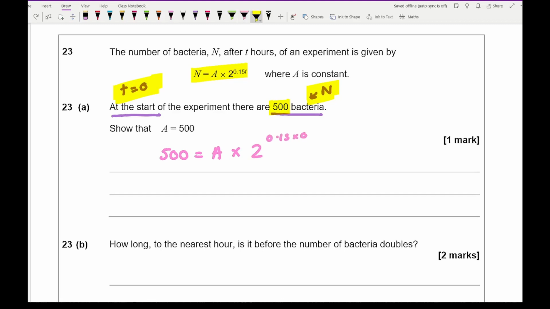Now the power is therefore going to equal 0, so this is basically going to equal 1. So I've got a times 1 equals 500, so a equals 500, and there we go.